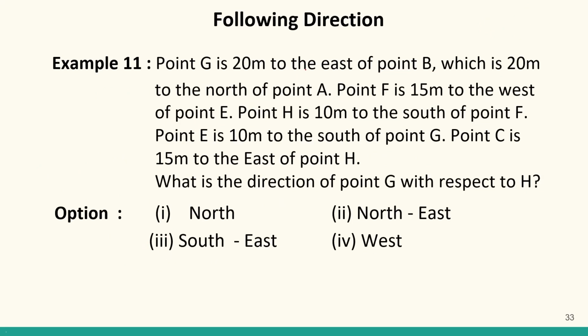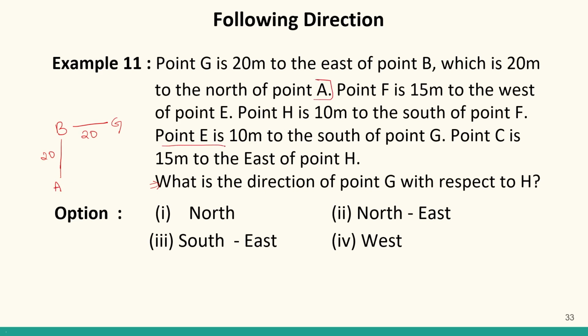Now, same information, different question. Let us find out. Let us draw. Point G is 20 meter east of B. B is 20 meter to the north of A. This much information completed.